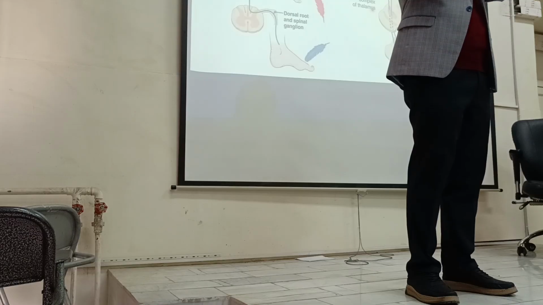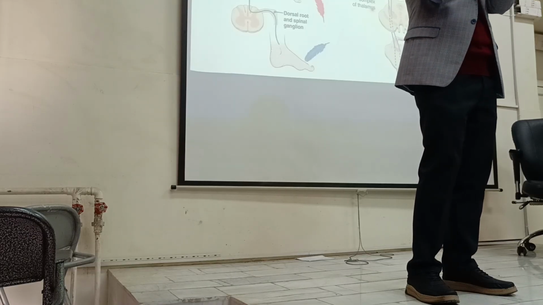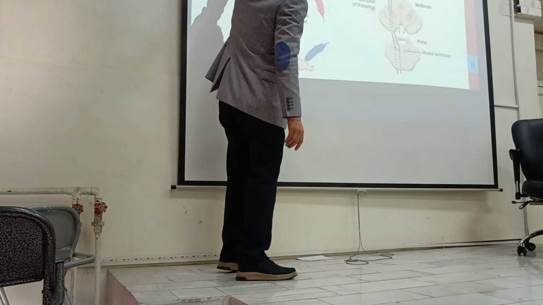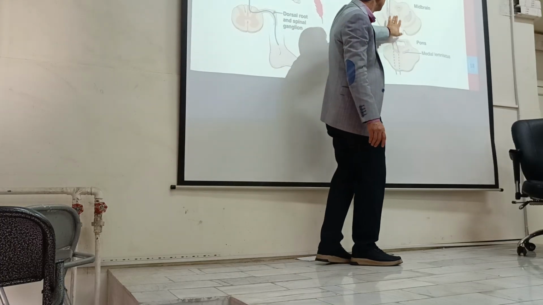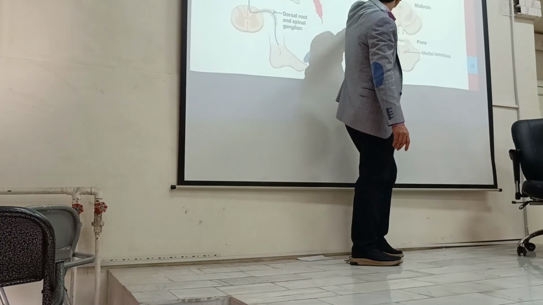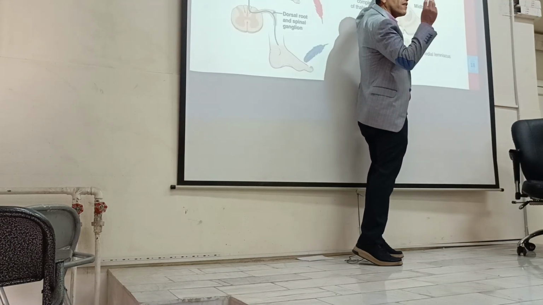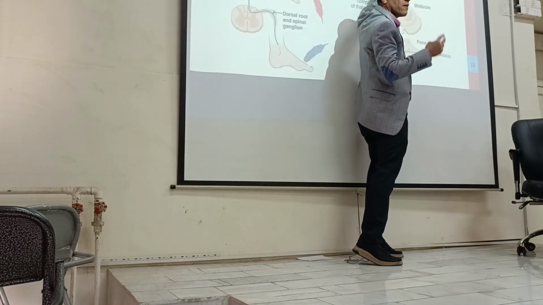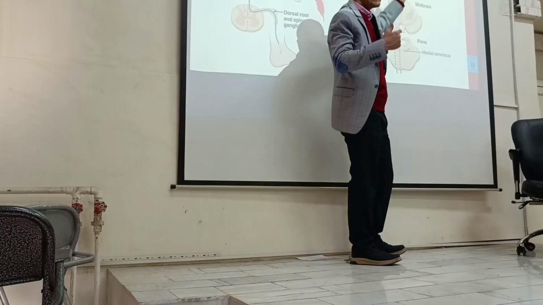Thalamus is located in the forebrain, right, in an area called diencephalon. So it goes through medulla, pons, midbrain, reaches thalamus. In the thalamus, we have the third nucleus or third neuron, right? The third neuron starts from here and goes to cortex, right?